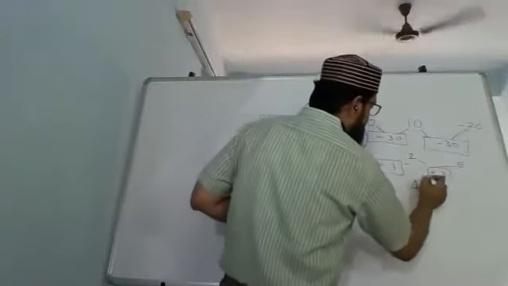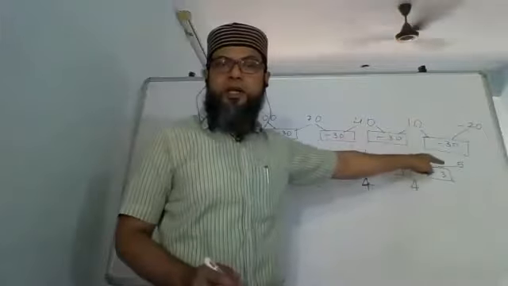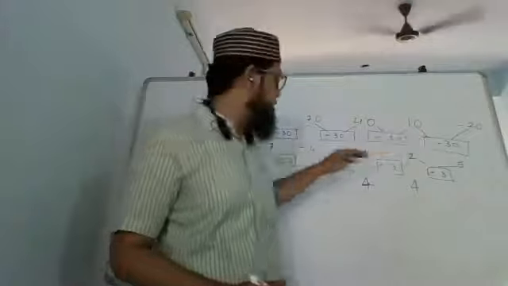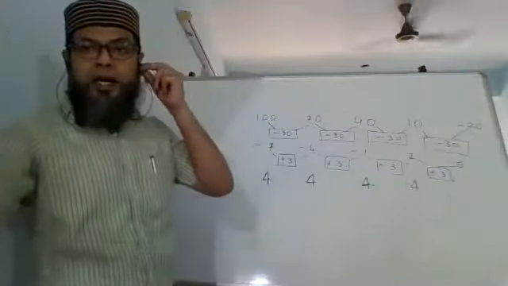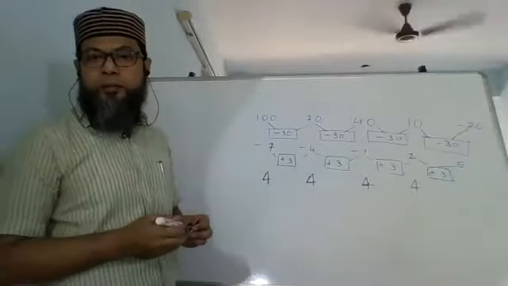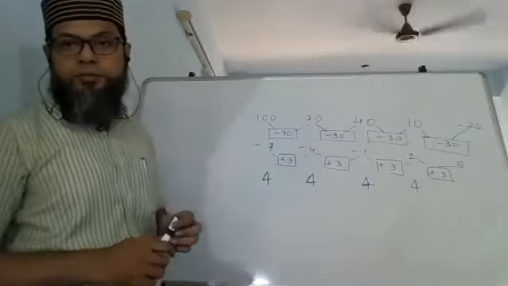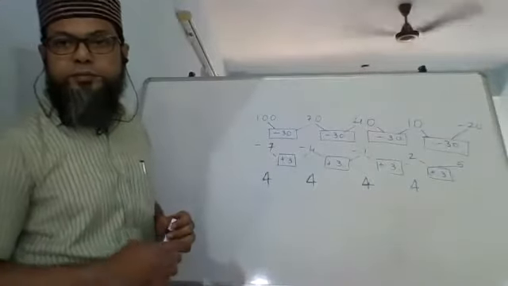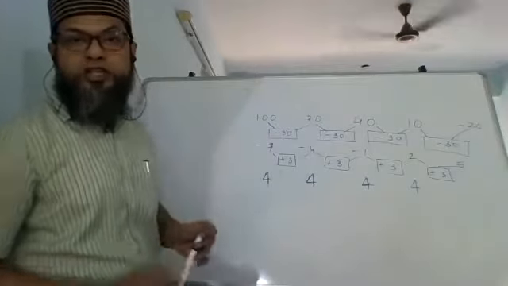Again, we'll see plus 3, plus 3, plus 3, plus 3. Everywhere, the difference is again constant. I'm adding 3 to get the next term at every step. Because of that, this difference D is constant over here.